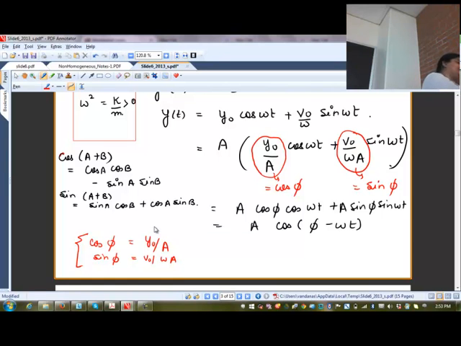Trig identity, by which you can get rid of cosine phi, sine phi completely. Square and then add together. There you go. That's exactly what I mean.